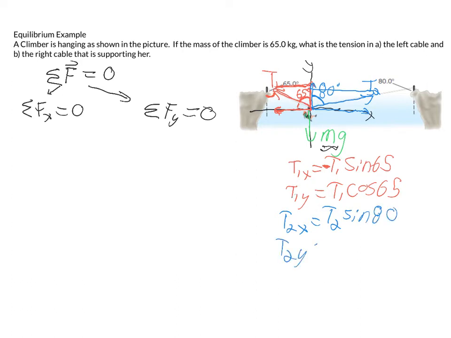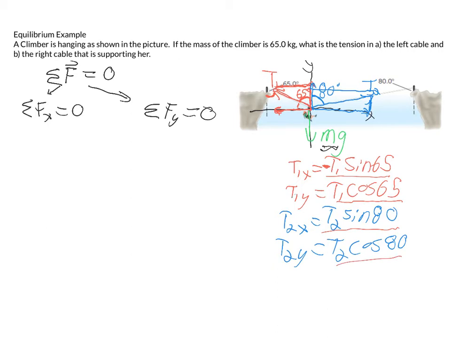And T2y is going to be the hypotenuse T2 multiplied by the cosine of the angle 80, since that is the adjacent side of our triangle. So we got T1x is equal to negative T1 sine 65, T1y is positive T1 cosine 65, T2x is positive T2 sine 80, and T2y is positive T2 cosine 80.